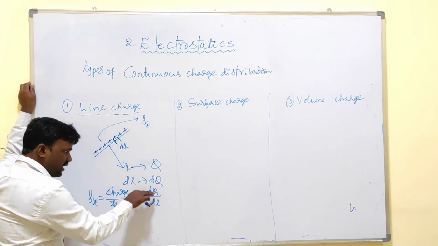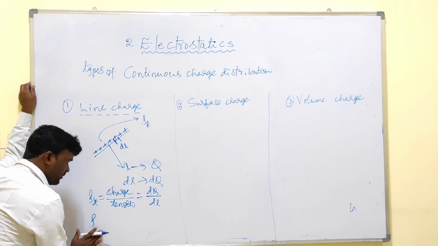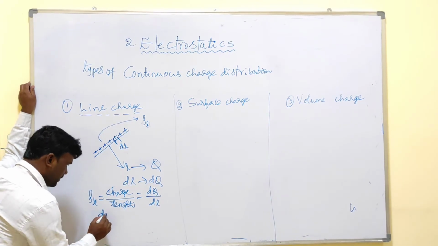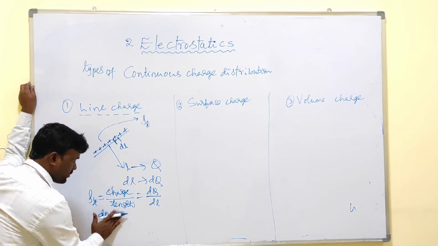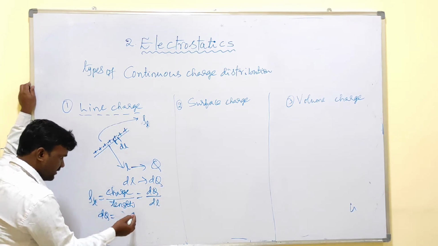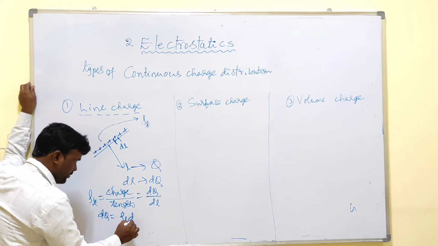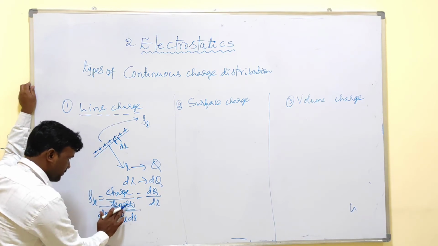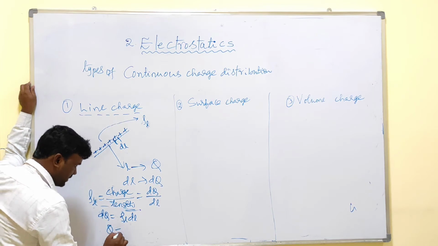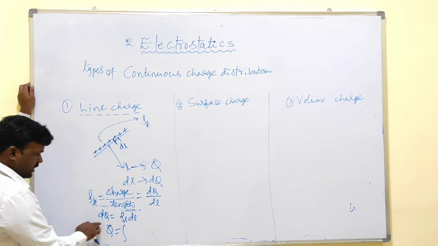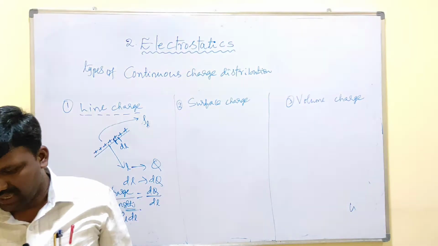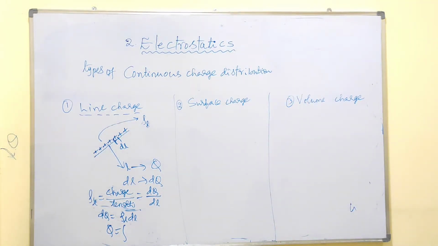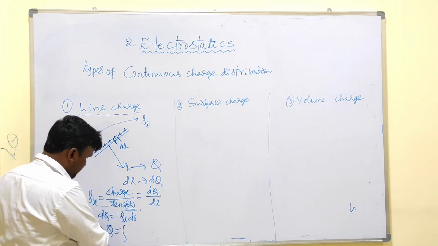For each dl we got dq. Then dq equals, sending dl to this side, rho L into dl. This is dq. Then Q equals, applying integration on both sides: d means differentiation, and integration and differentiation cancel out on this side.